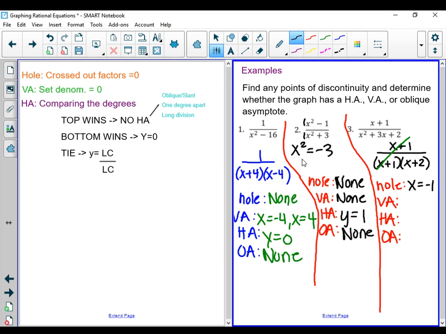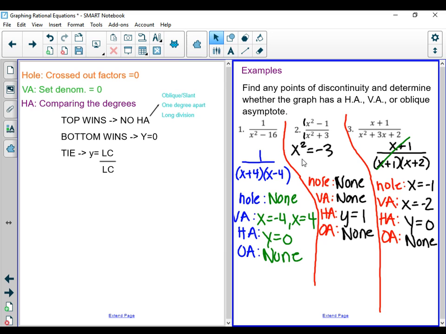I still have something left in my denominator, so I have a vertical asymptote at -2. Looking at the original function, who has the highest degree? Bottom, yo at the bottom, so y equals 0, which means I am not going to have an oblique asymptote.